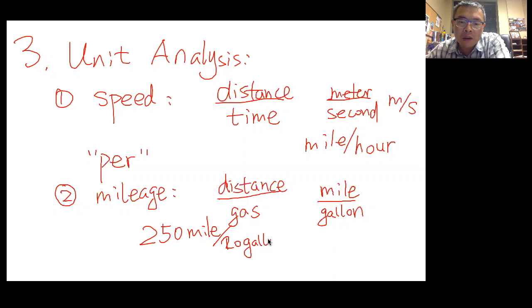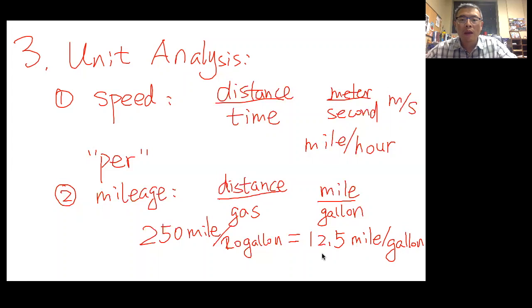Then from there, you can figure out the mileage of your car. 250 divided by 20, you get 12.5 miles per gallon. I guess you're driving a big pickup or something. It's pretty low, but at least you know what it is. Does that make sense?